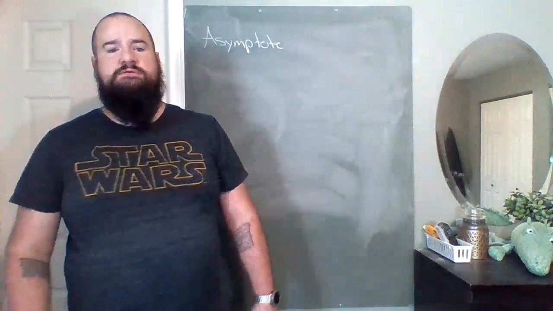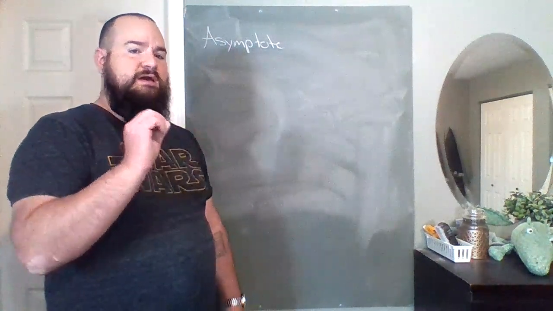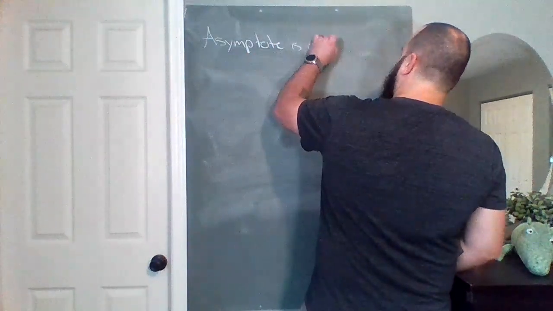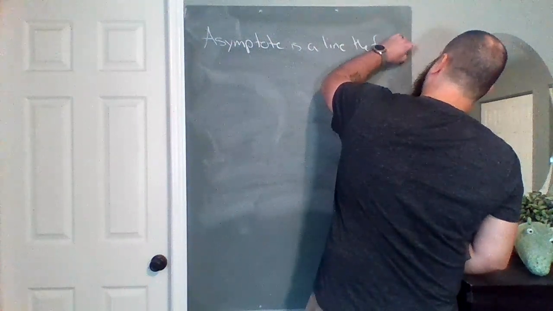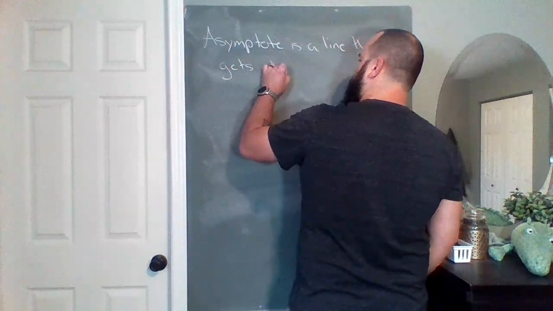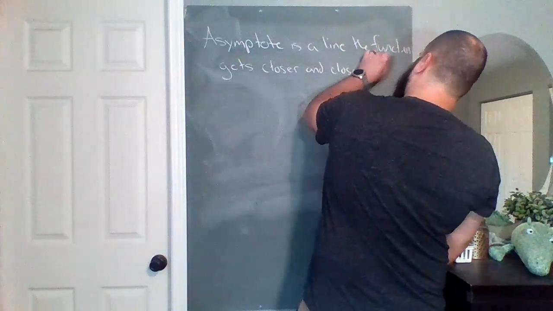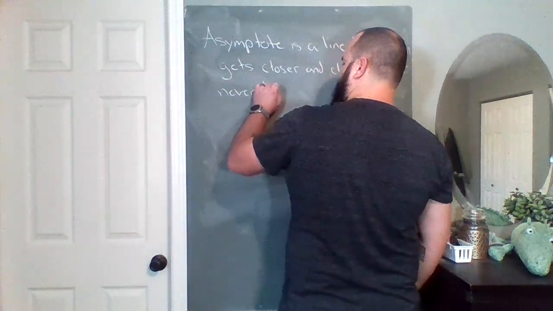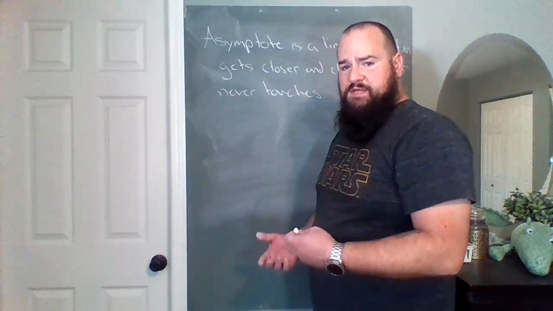An asymptote is a line the function gets closer and closer to, but never touches.